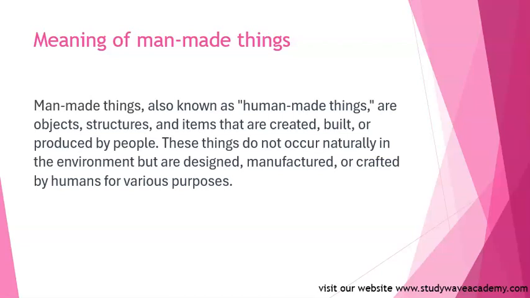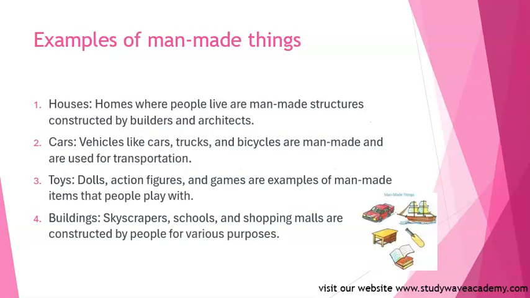So man-made things are created by humans. They are products of human design, okay? Often using materials found in the natural world. Do you understand? Now we're going to be looking at examples of man-made things.